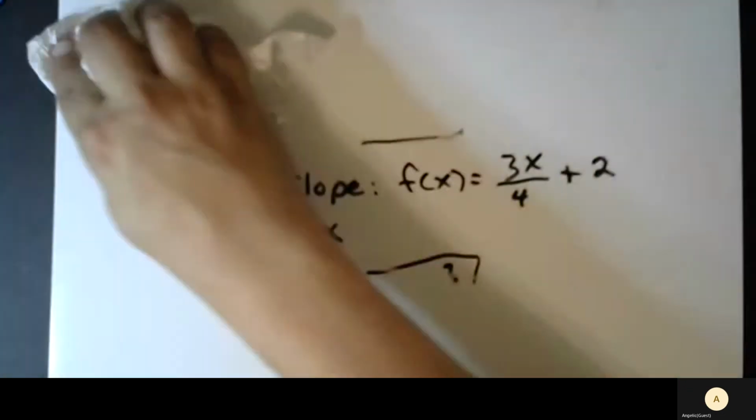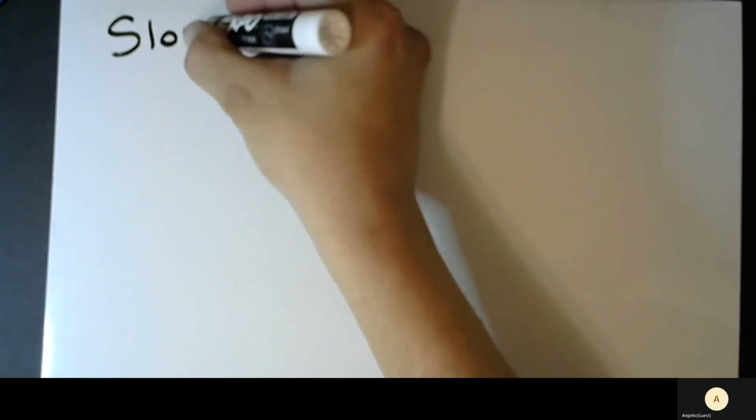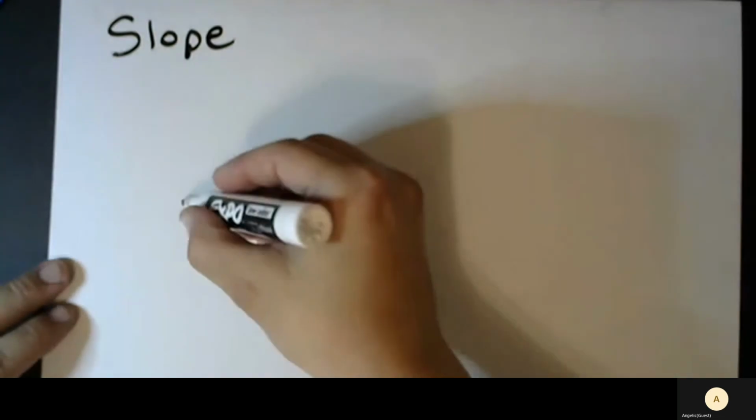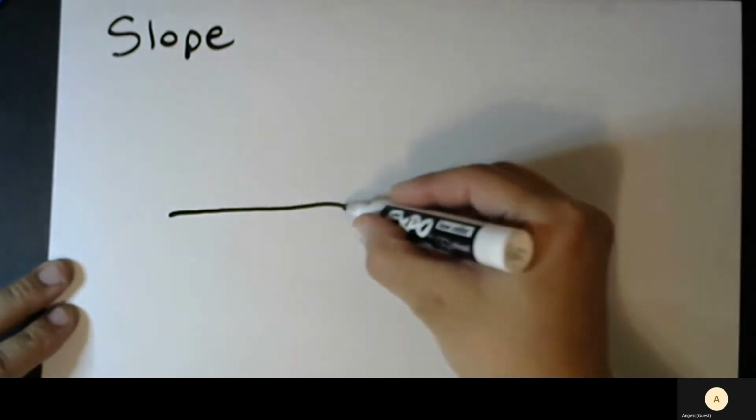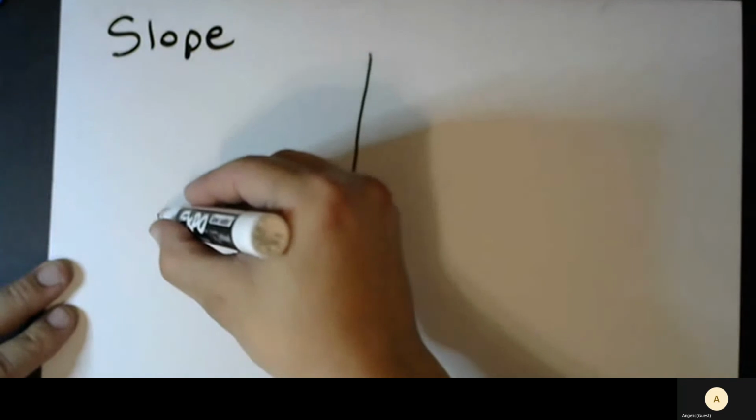Because we know what the y-intercept is. We know what the x-intercept is. It's where you're crossing the x and y axes. But slope is just a concept. Well, it's a way of measuring an incline.